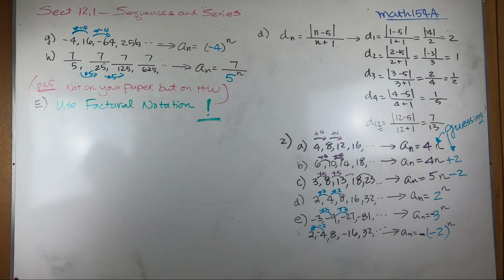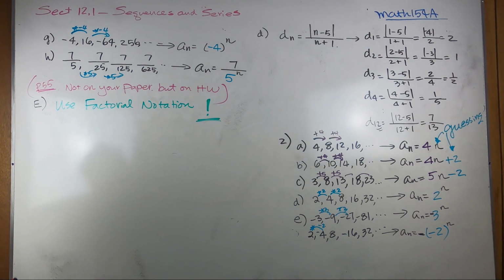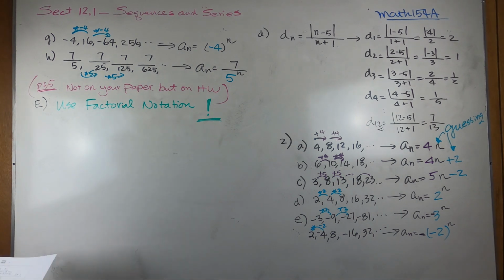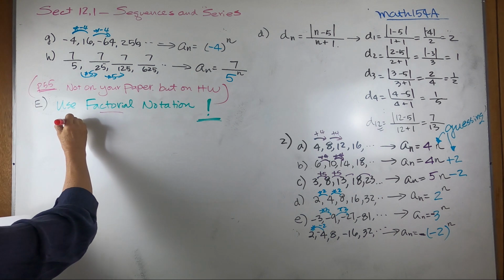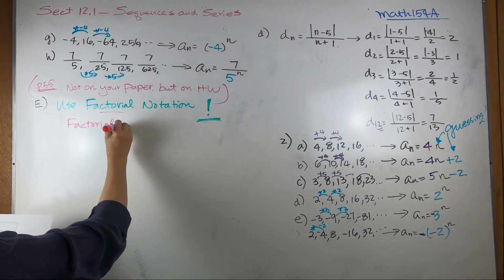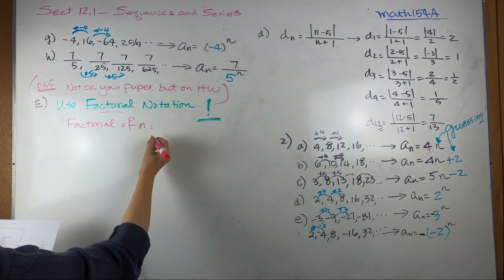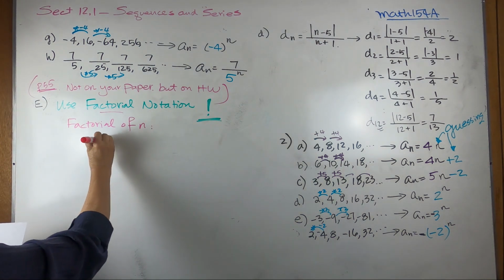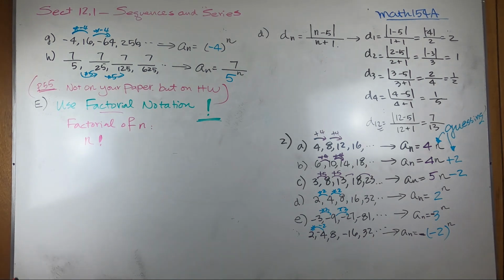Let's see what we mean by that. So it's called factorial. We say the factorial of n is written this way: we use n, then we put the exclamation mark there.